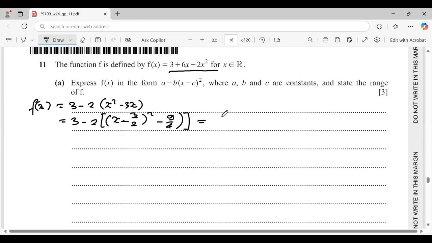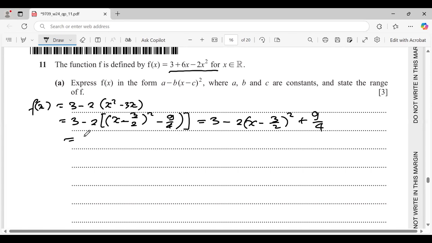And the next step becomes 3 minus 2(x minus 3 half) squared. Minus minus becomes plus 9 quarter.